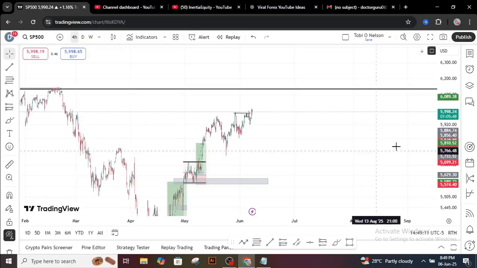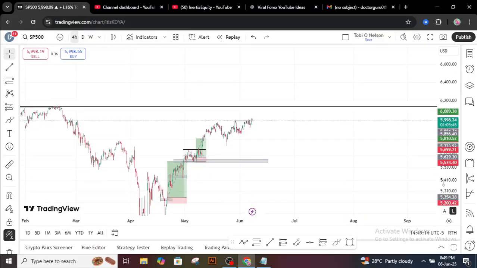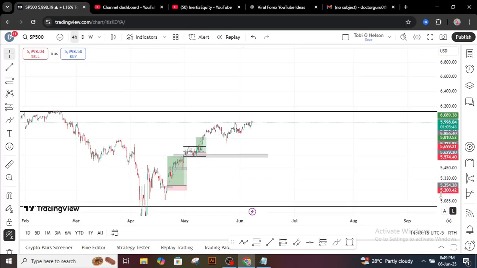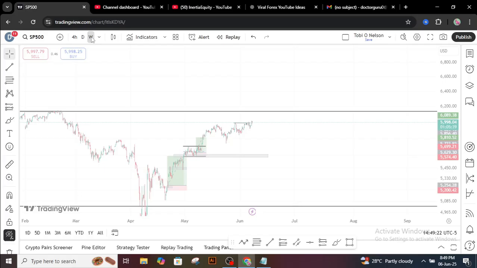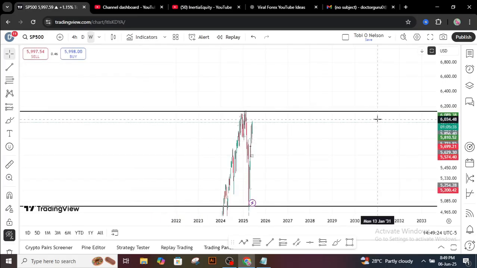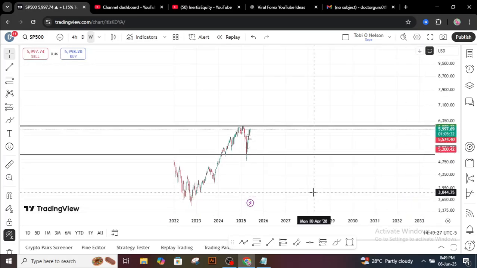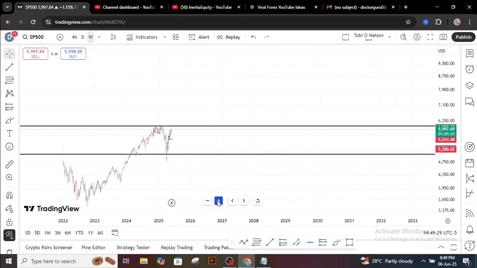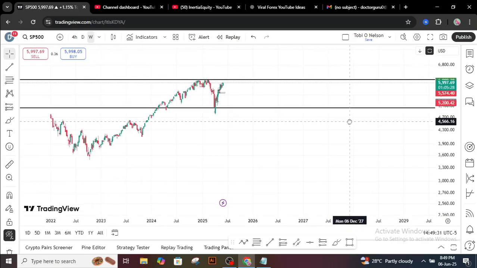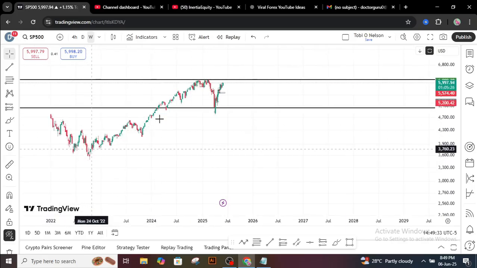First of all, you need to come to a higher time frame to identify the direction of the trend. Let's start with the weekly time frame. If you look at the weekly time frame, you see the market is on higher highs, it is in an uptrend.